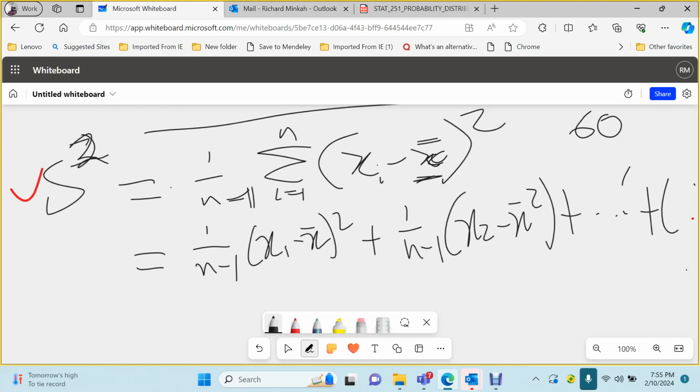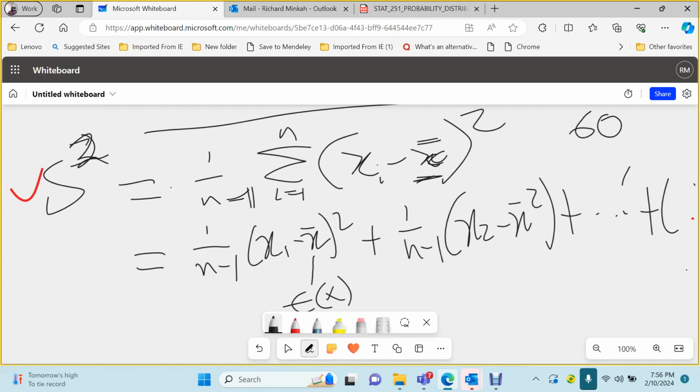This is the probability. Now, this one, we can also write as an expectation, right? Do you agree? The mean, remember, I use the same concept in doing it.